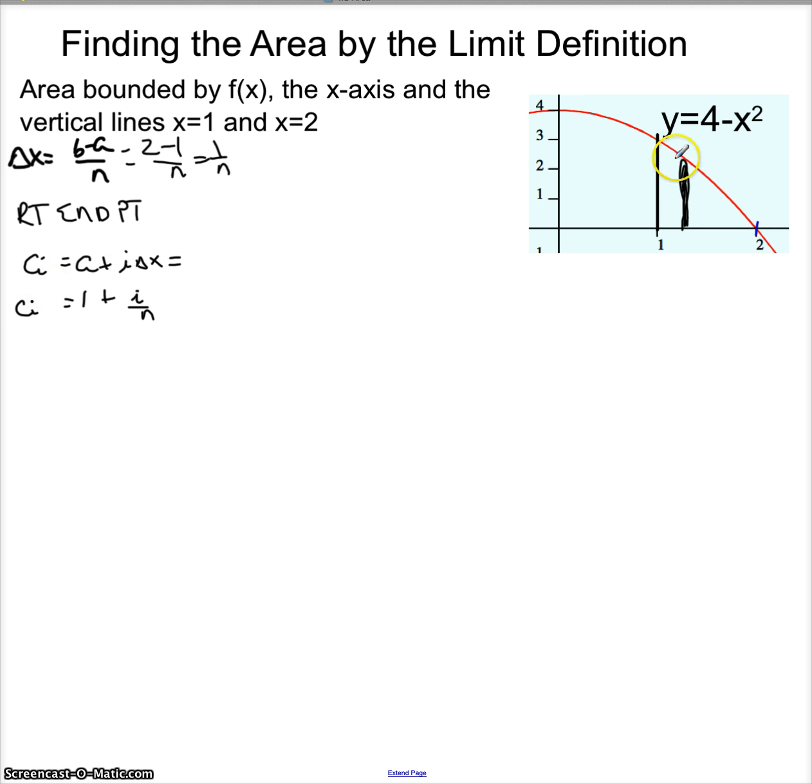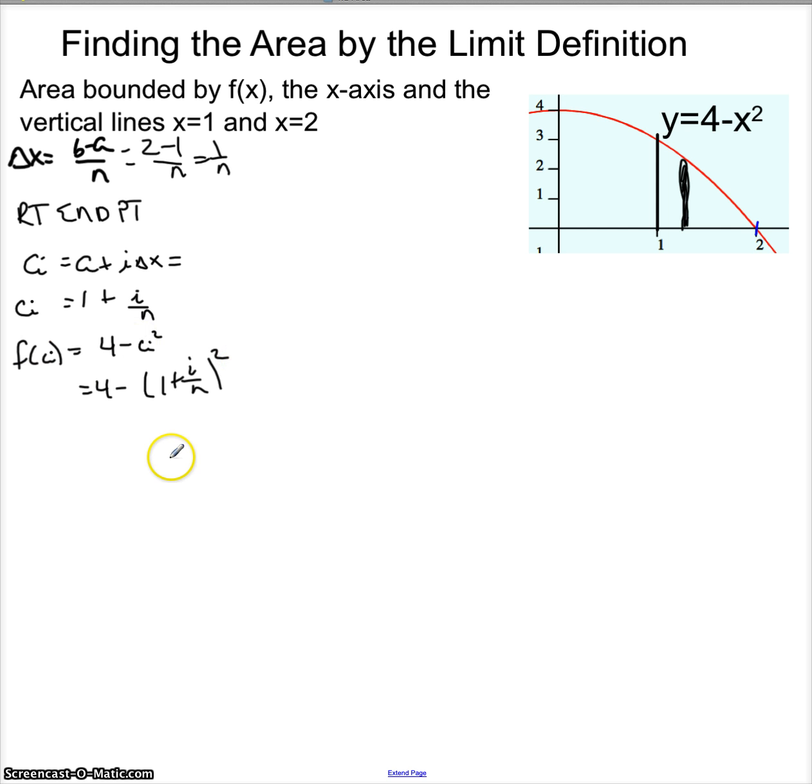Now my function is 4 minus x squared. So my f of c sub i is going to be 4 minus c sub i squared, which is 4 minus (1 plus i over n) squared.